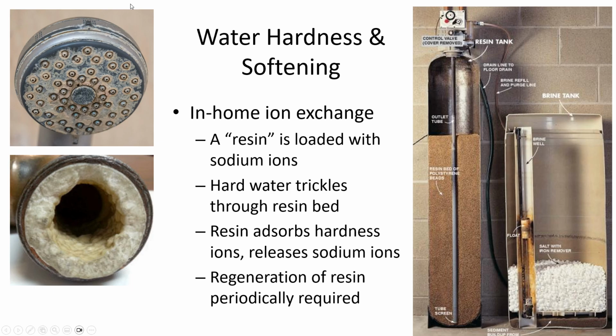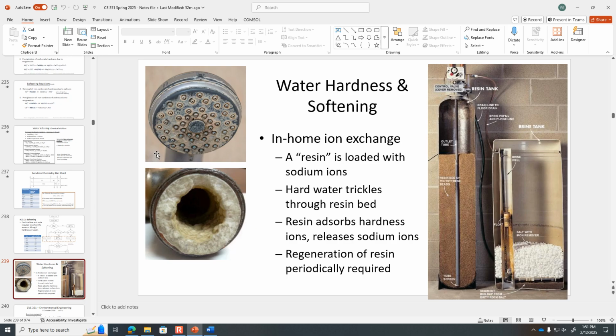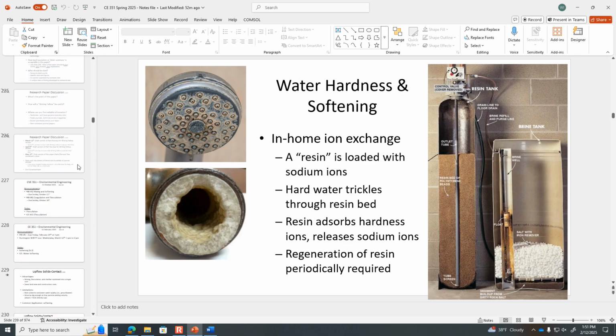During normal operations, the water would trickle through this packed column of the beads, and as the water is filtering through there, calcium ion is sorbing onto the outside of the resin bead, and it's simultaneously releasing some of the sodium. That is not generally used on a large scale. It's just not commercially viable on a large scale, but for a single home, ion exchange would be a typical method that's used.